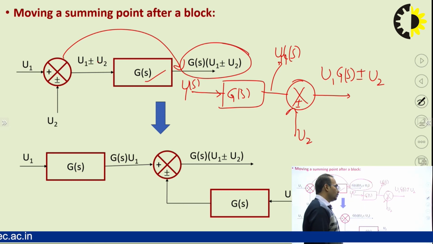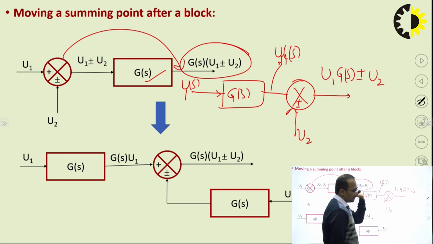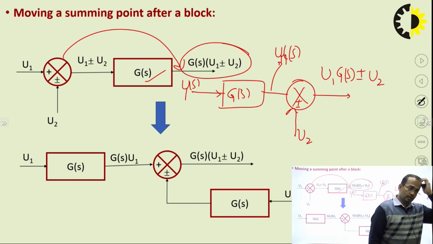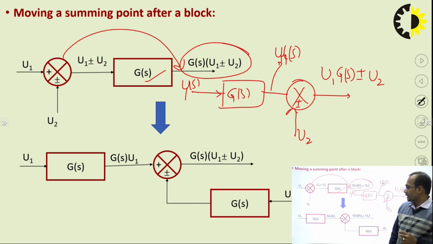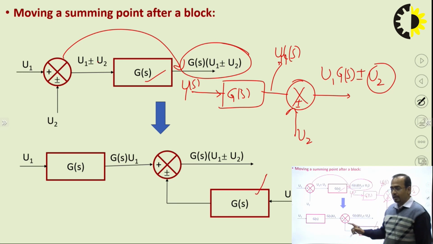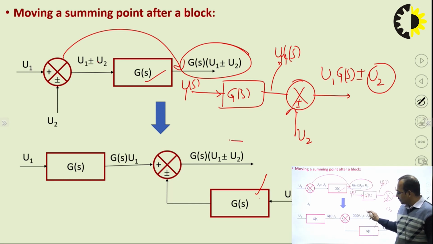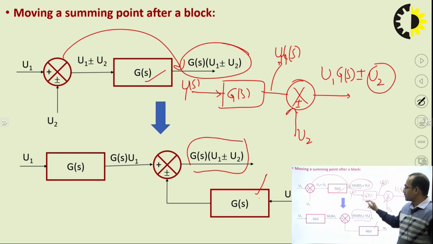Then what will I do? I will make the necessary changes in the summing point to get this output. We require the output GS into U1 plus minus GS into U2. So I will add a block with gain of GS, and by adding this block we get the previous output.